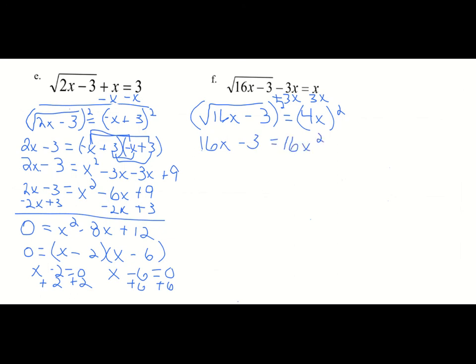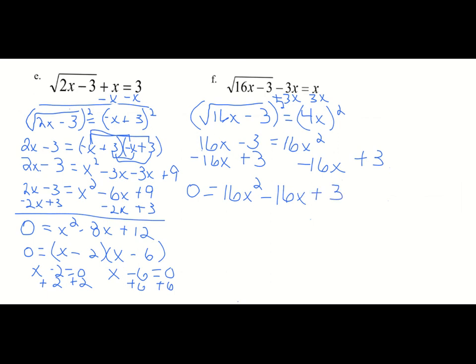You have to square both values there. It is going to be a quadratic again because we have 16x squared. So I am going to set everything to 0. So I'm going to subtract 16x from both sides and then add 3 to both sides. So I have 0 equals 16x squared minus 16x plus 3.